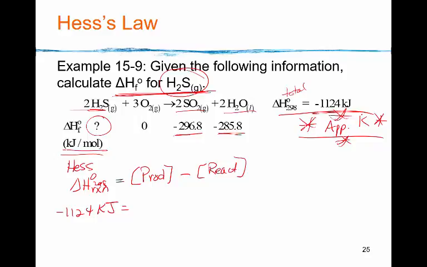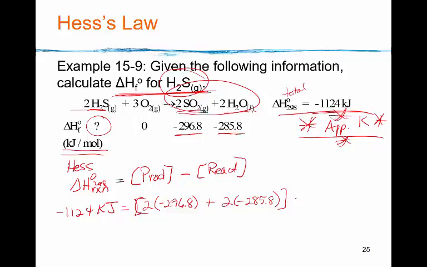All right, so for our products, we have 2 times minus 296.8 plus 2 times minus 285.8, that's all together, in brackets.